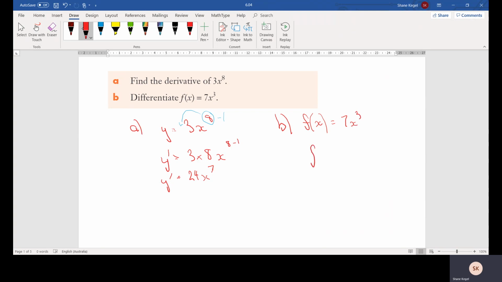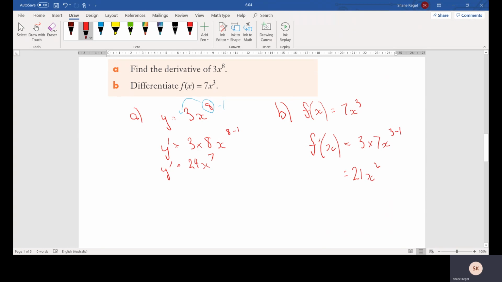Therefore, when we're deriving that function, f dash x is the notation we use. Same thing, bring the 3 down the front, so 3 times 7x to the 3 and take 1 from the power. So we're given 21x squared. So yeah, some pretty easy stuff considering in the last exercise we had to go through probably almost a page of working to get the answer. Now we can literally work towards just doing it in our heads, essentially.